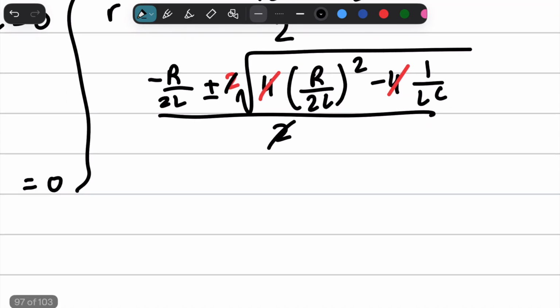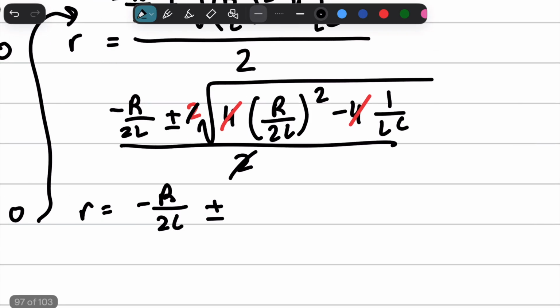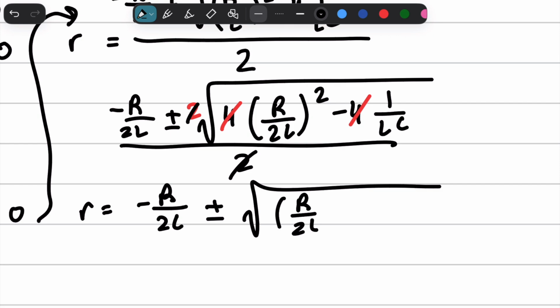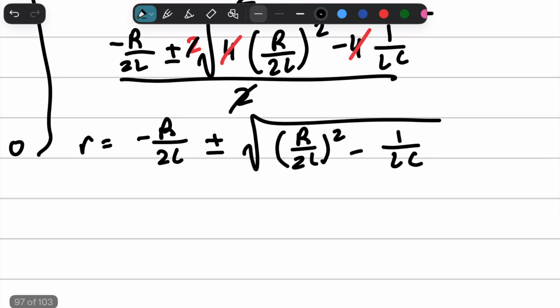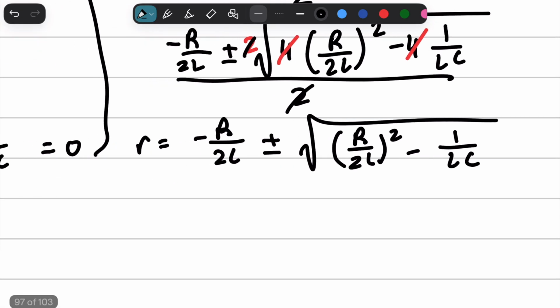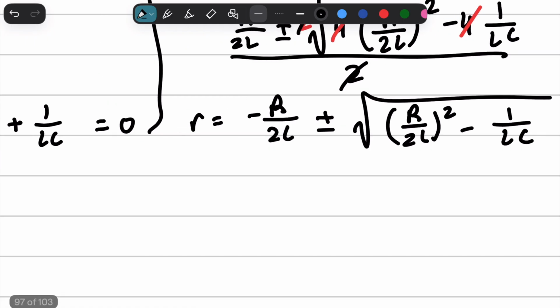Okay, so r in its general sense is going to be negative R over 2L plus or minus the square root of R over 2L squared minus 1 over LC. And we're actually going to make up some definitions.